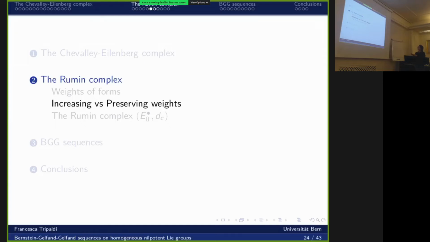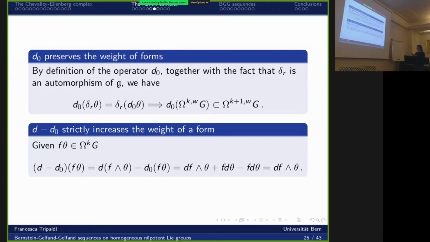So this is in Rumin's idea of construction. So why are we considering weights? Because there's a very nice way of expressing the action of D and D0 in terms of the weight.